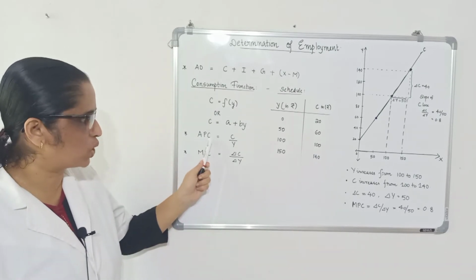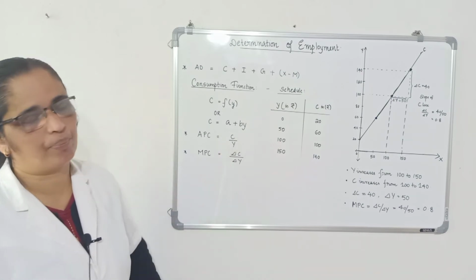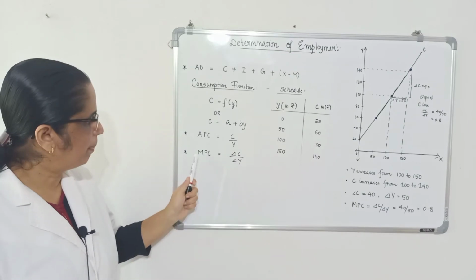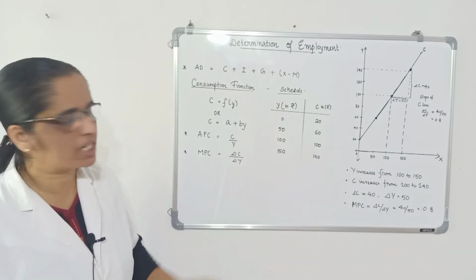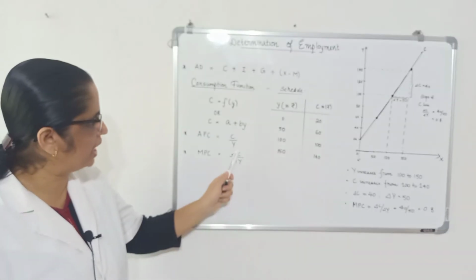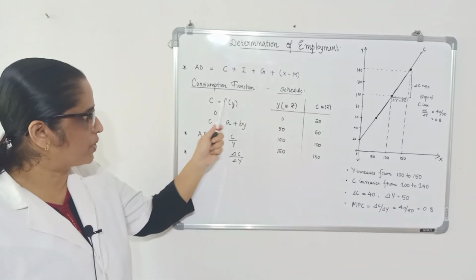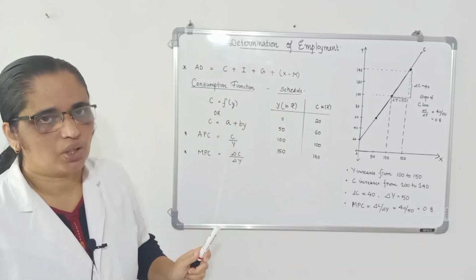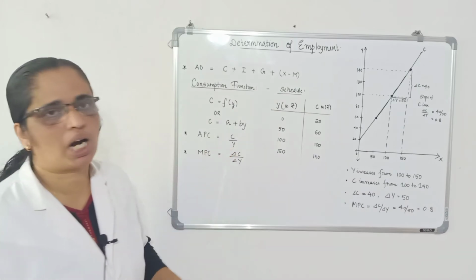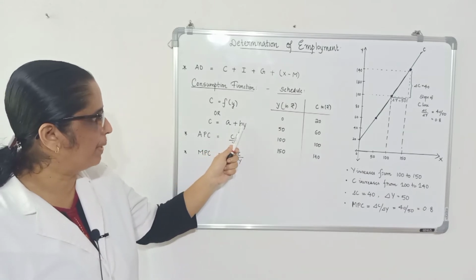Average propensity to consume is the ratio between consumption and income, that is C divided by Y. Marginal propensity to consume means change in consumption due to change in income, that is delta C by delta Y. Consumption function we can show in the form of an algebraic equation: C is equal to A plus B into Y.